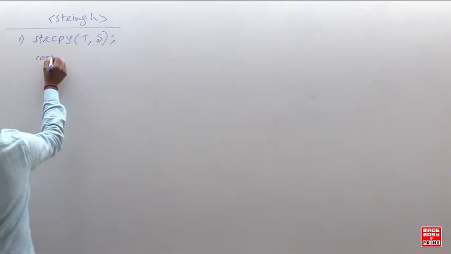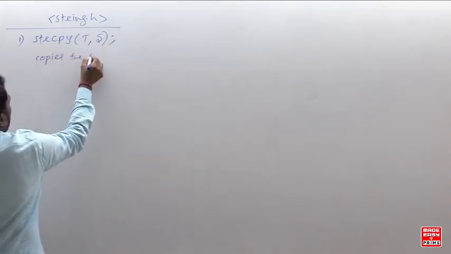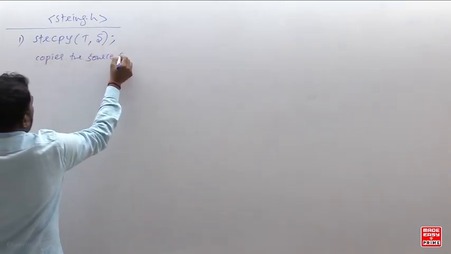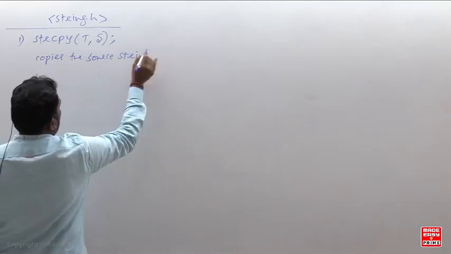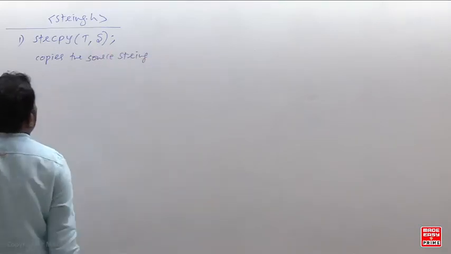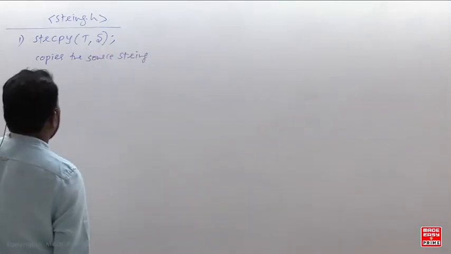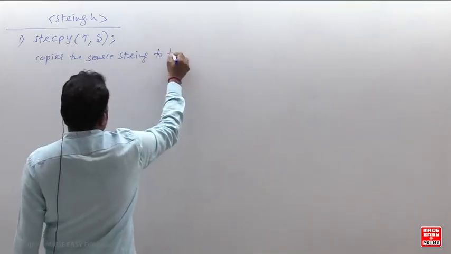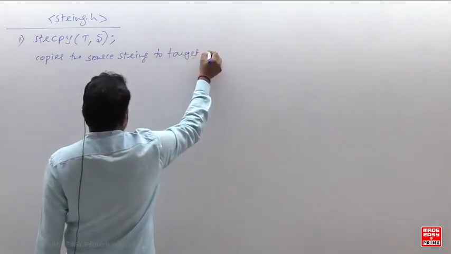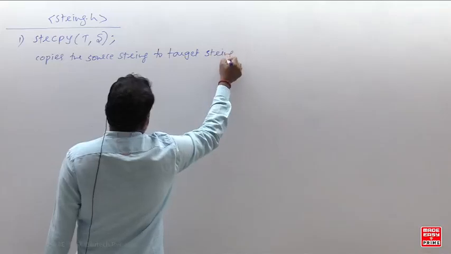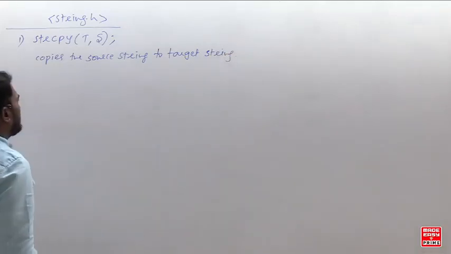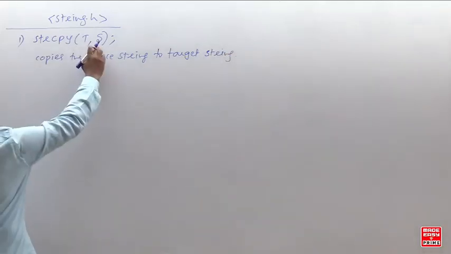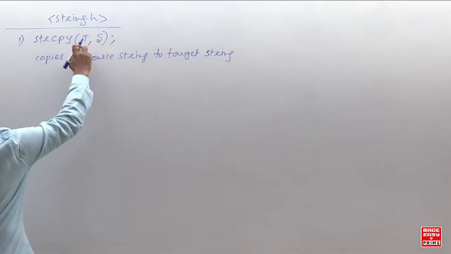Note down. Next line. Copies the source string to target string. So you need to provide the source string base address here and the target string base address.